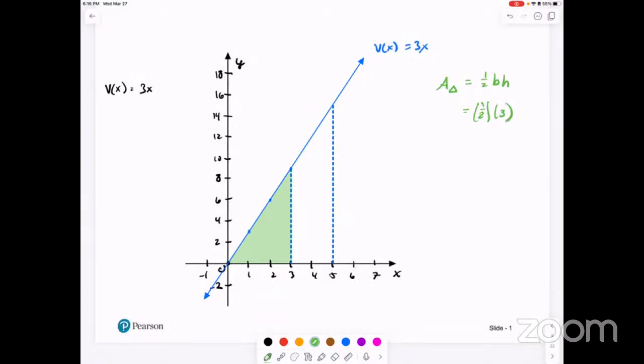And the height, what is that, 9? 9. So then the area of that triangle, what is that? 9 times 3 is 27 over 2. 13.5 units. Or whatever the units are, I guess miles.